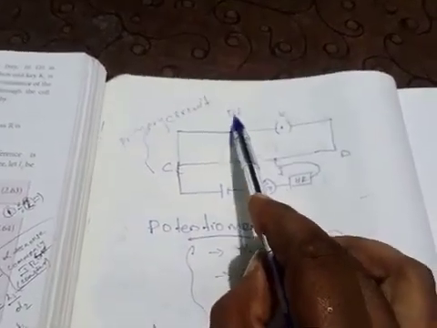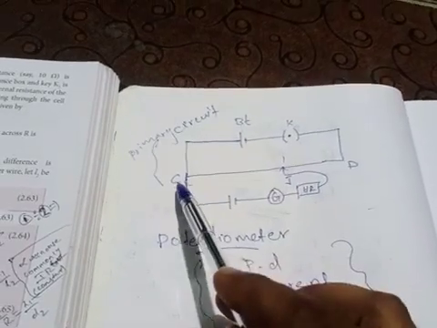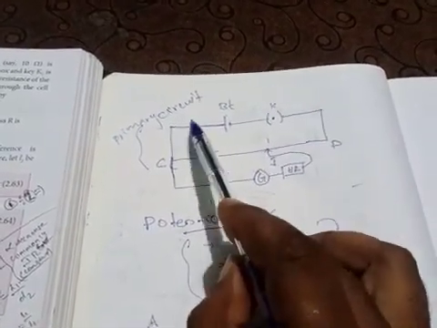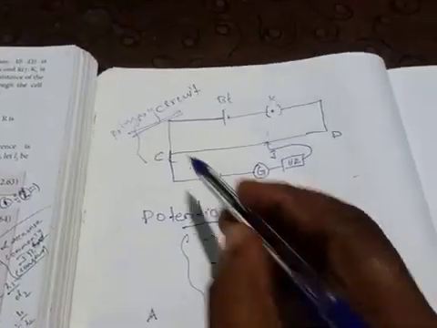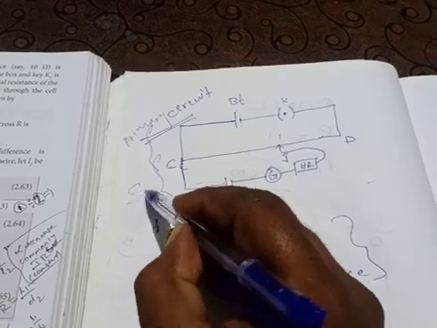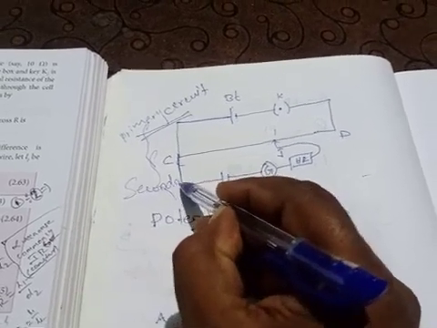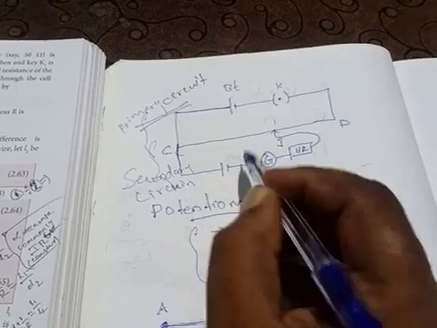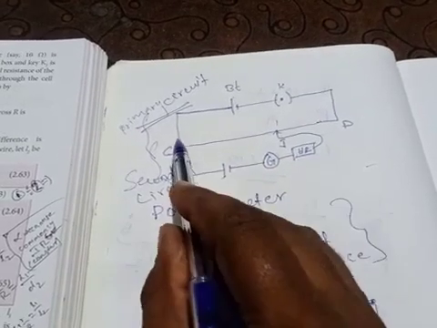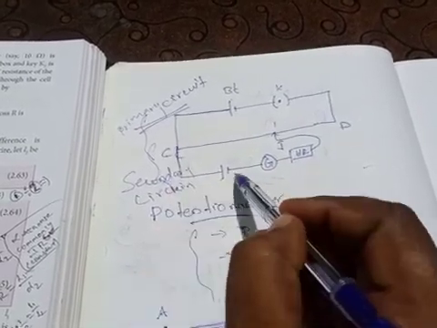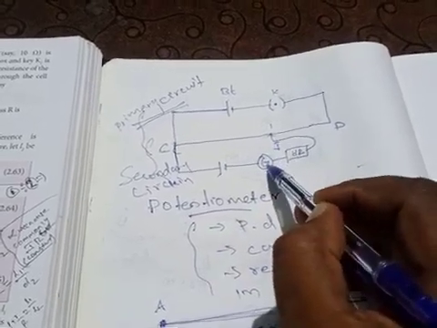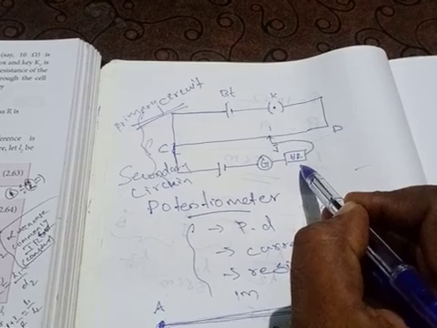In this primary circuit, a battery, key, and CD wire, these three things are connected in series, forming a primary circuit. And this is what we can call a secondary circuit. Here the positive terminal of the battery is connected to the point C, and the negative terminal is connected with a jockey through a galvanometer and a high resistance box.